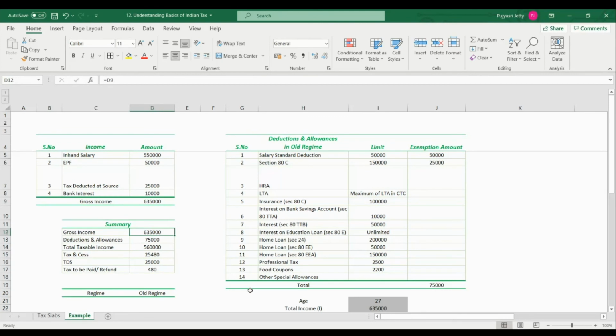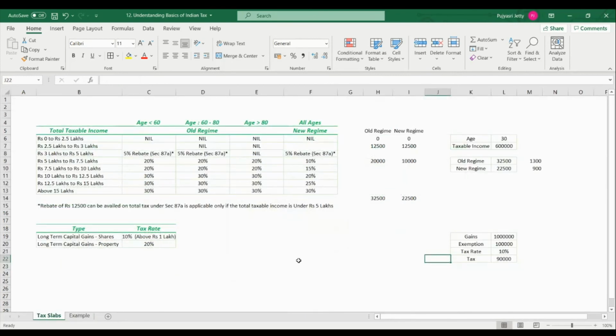Gross income is 6,35,000. The deductions and allowances that we have shown here are 75,000. So the total taxable income is 5,60,000 in this particular case, and the tax and cess that the person needs to pay is 25,480. This is calculated in the same way as we have seen earlier in this particular tab, based on the tax slabs and the tax rates that are applicable.